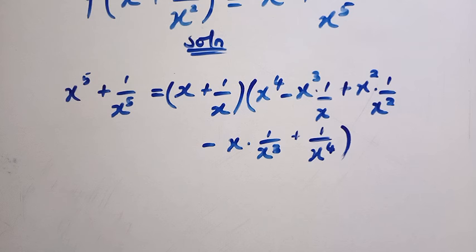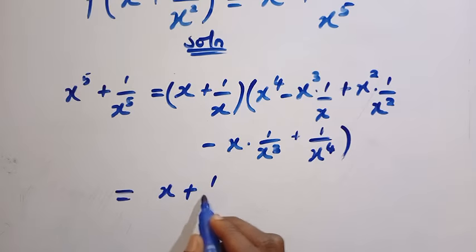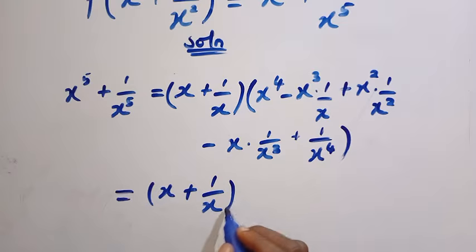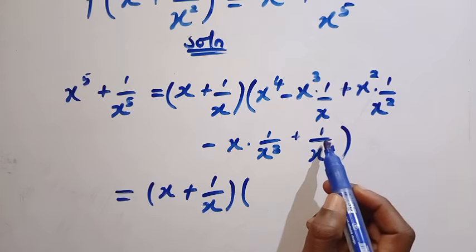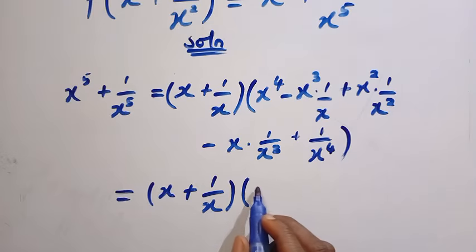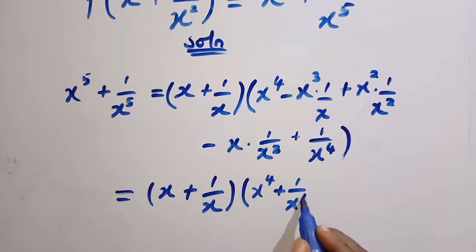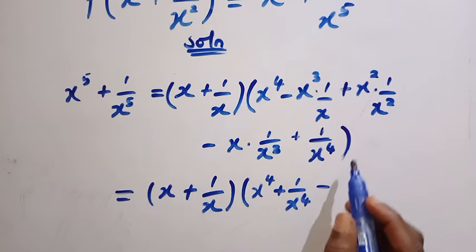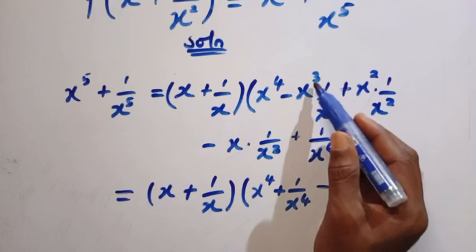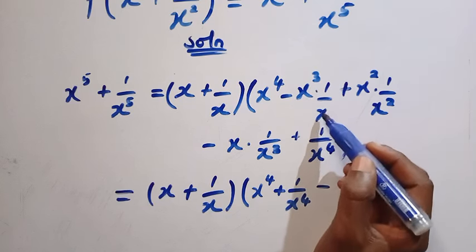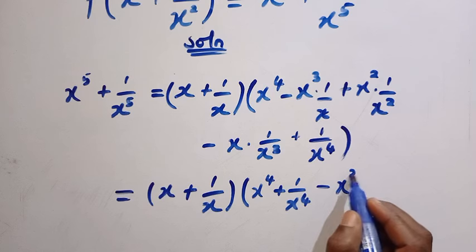Having this, we have x + 1/x in bracket, multiplied by x^4 combined with 1/x^4, giving x^4 + 1/x^4. Then minus x^3 multiplied by 1/x. The x cancels x, so this gives us minus x^2.